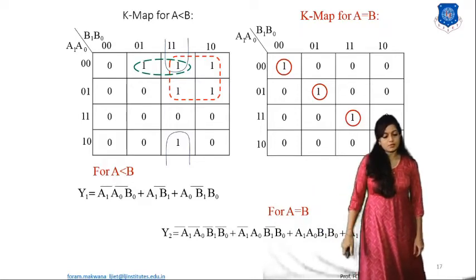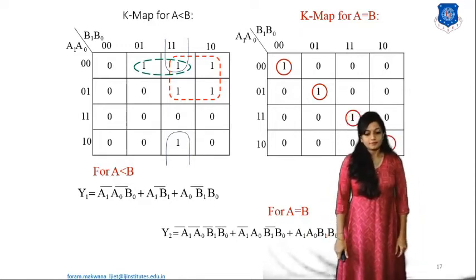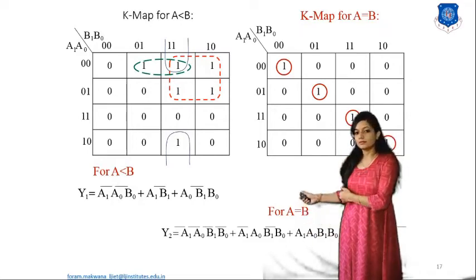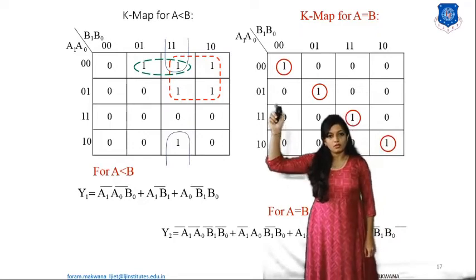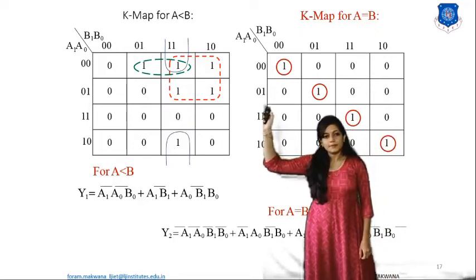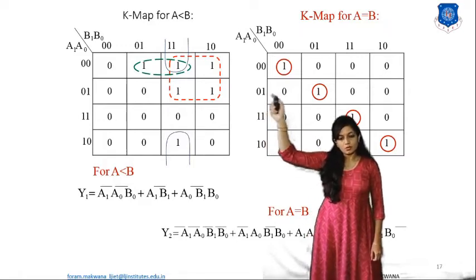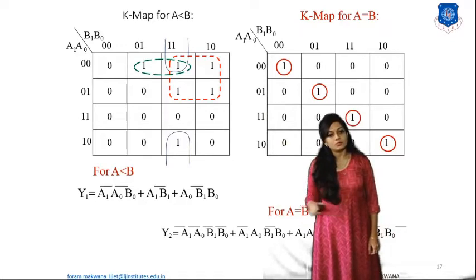Right? Now we are going to write the min terms for A less than B. First, for the green circle: A1 bar, A0 bar row-wise, and column-wise B0.